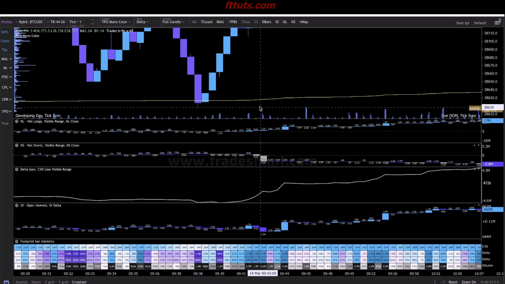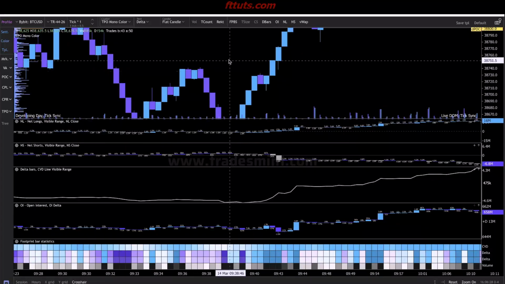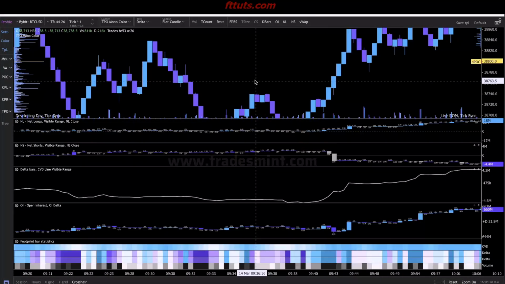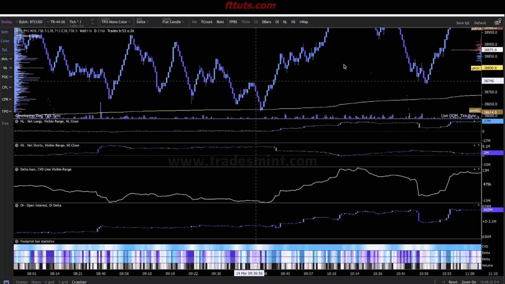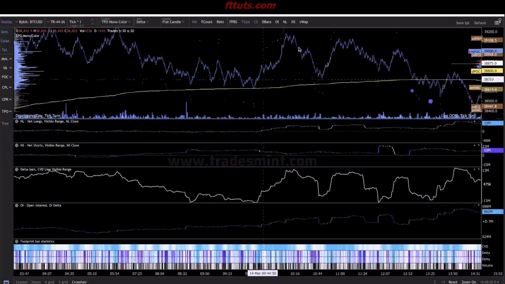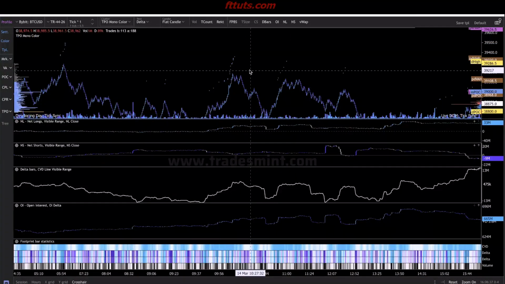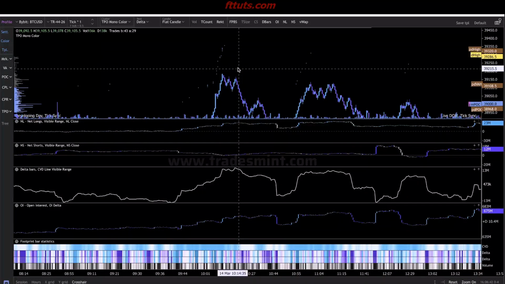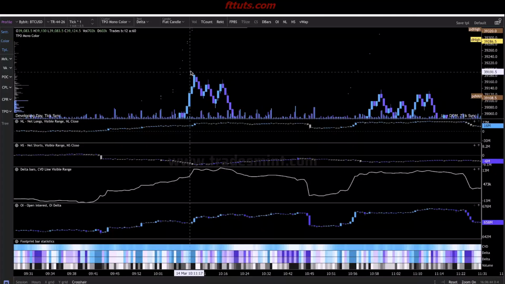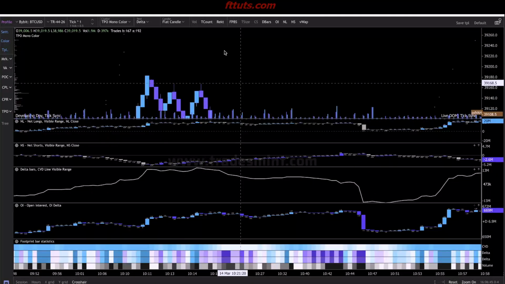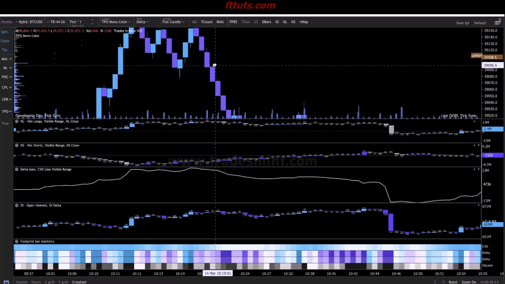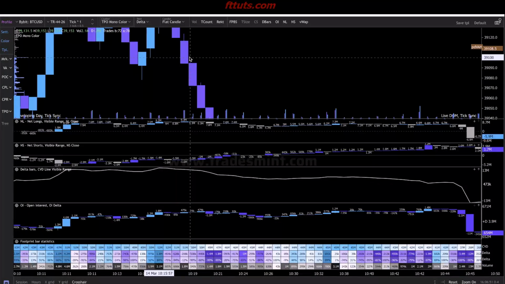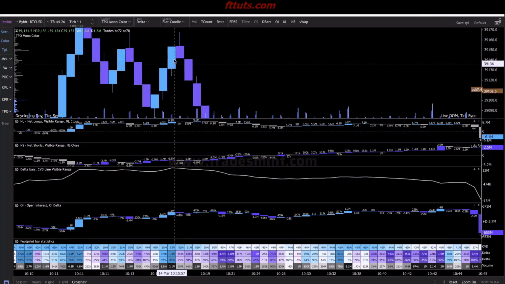And then the same is true if we are looking for a short. Let me see where that short trade was, the one that I took, right here. Look at this, where we had such a clear divergence. We can also see that as we're coming up to this high, we have a massive spike in volume.